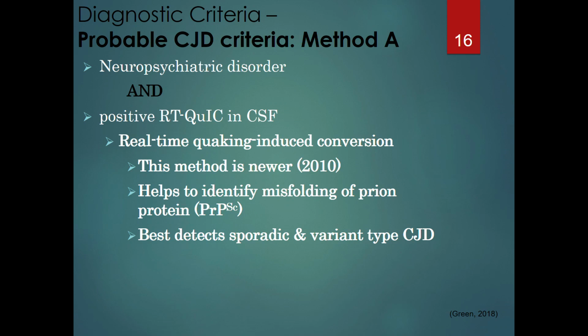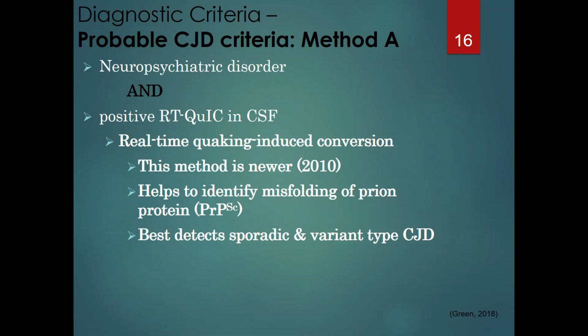The real-time quaking-induced conversion, or RT-QuIC method, is a newer diagnostic test developed in 2010 that can help identify the misfolding of the prion protein within the CSF, or cerebrospinal fluid. This method is useful for detecting sporadic and variant types of CJD.